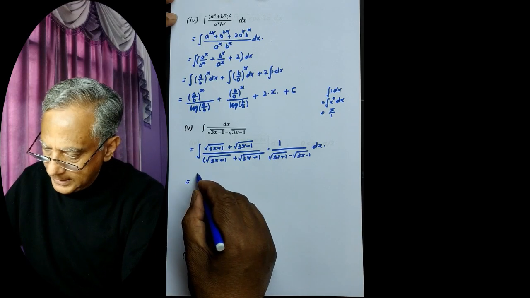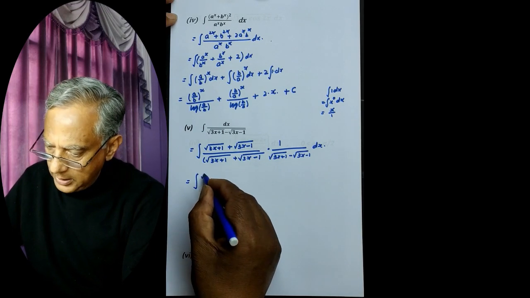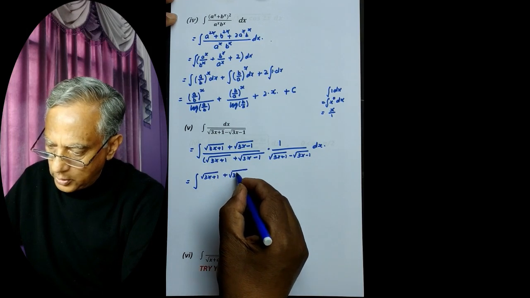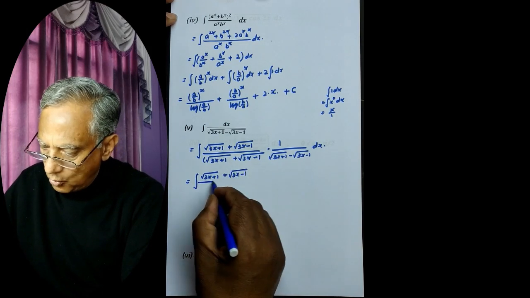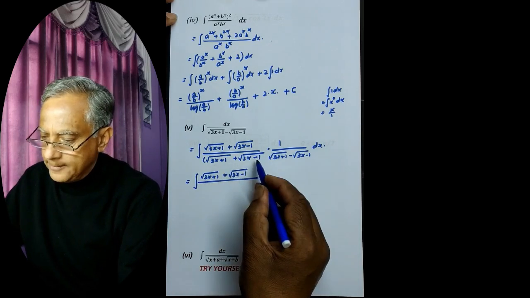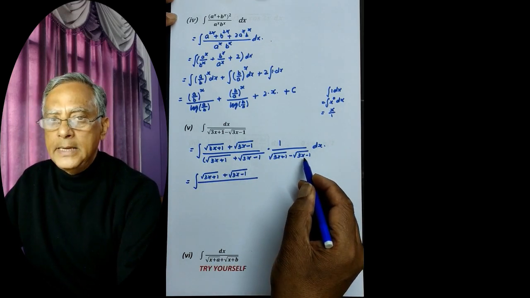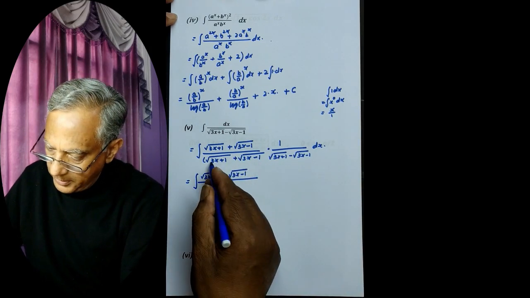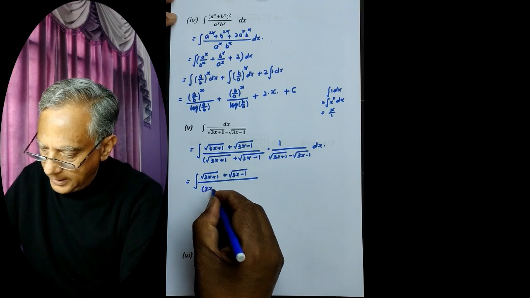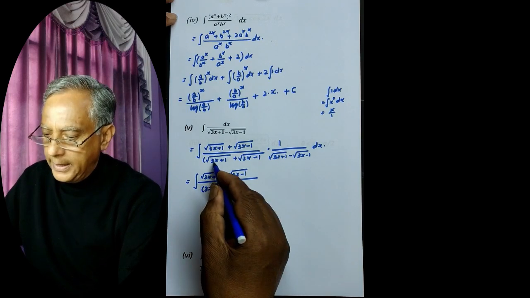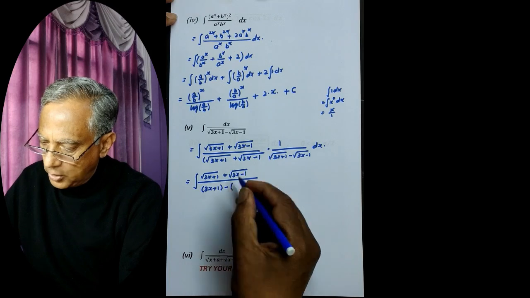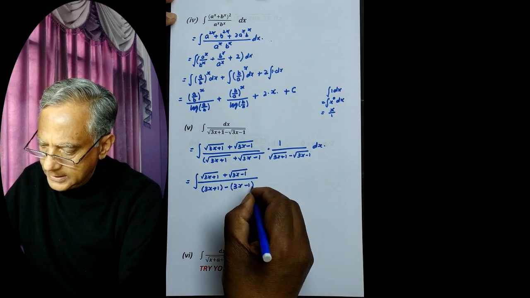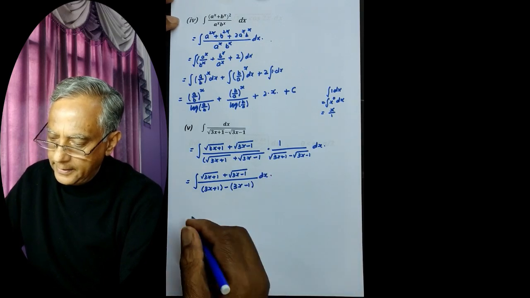So what we get is the integral of root(3x+1) plus root(3x-1), whole divided by (a plus b) into (a minus b), that is a squared minus b squared. So this will be the square of this, 3x plus 1, minus the square of this, where root and square will cancel, we will have 3x minus 1, dx.